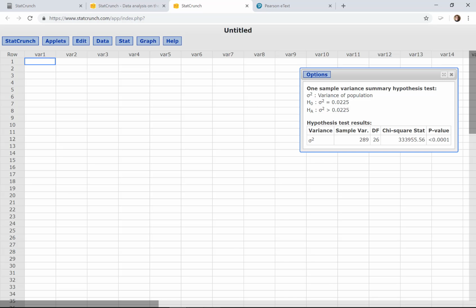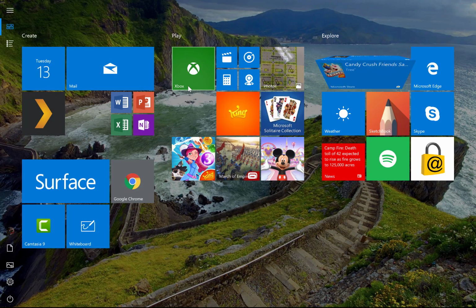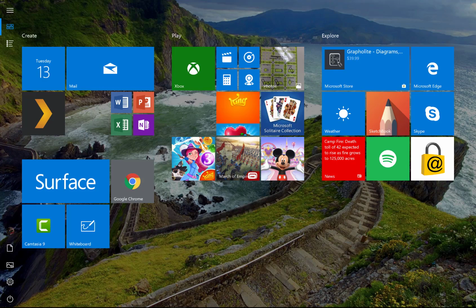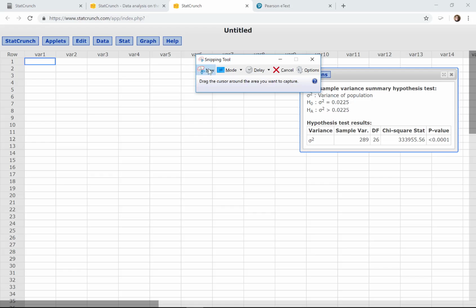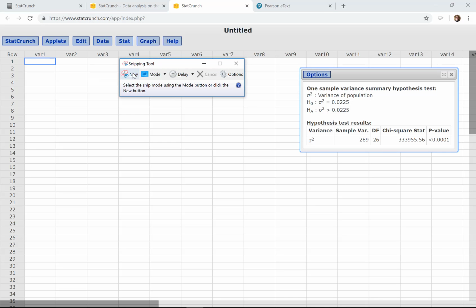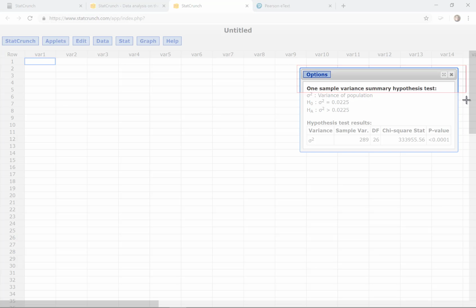I'm going to snip my results using my snipping tool. Let me move it out of the way here. I want New, and then I'm just going to snip that options box.